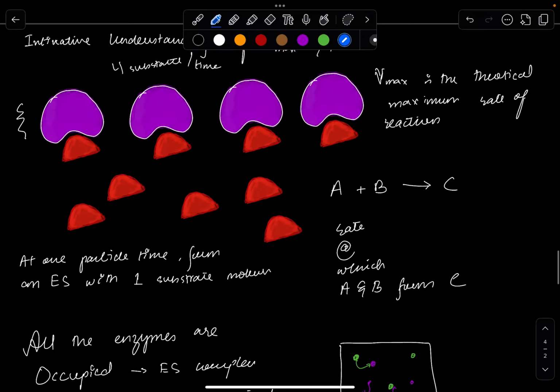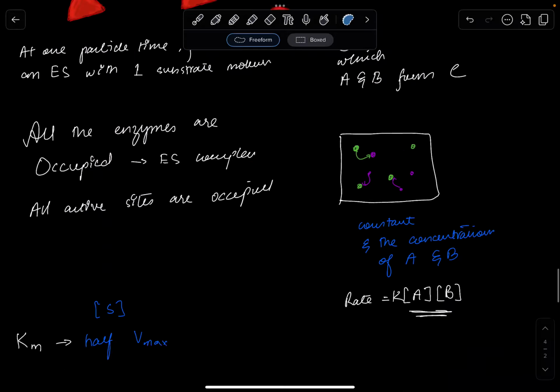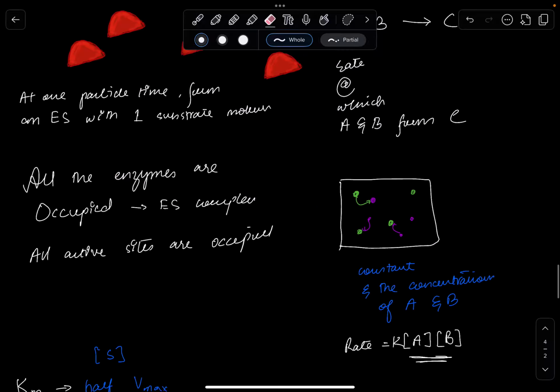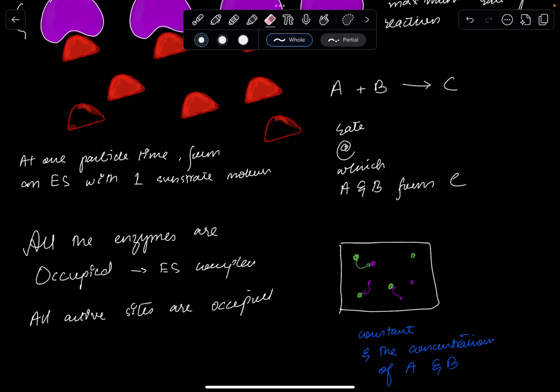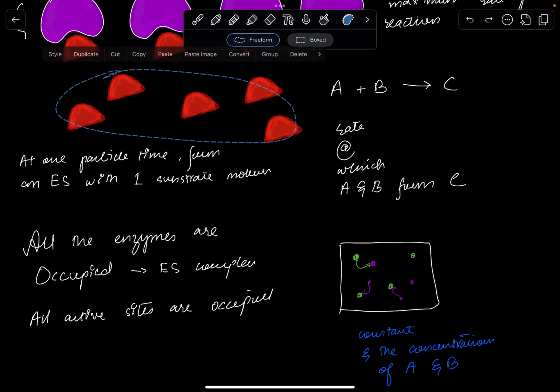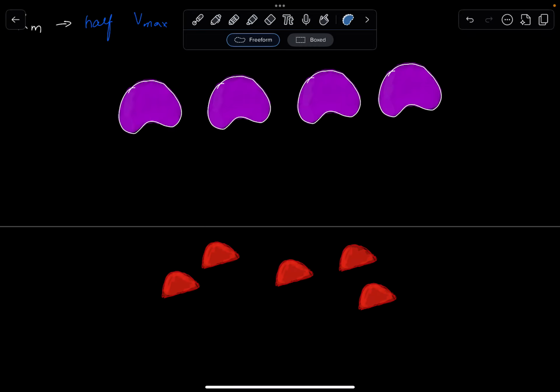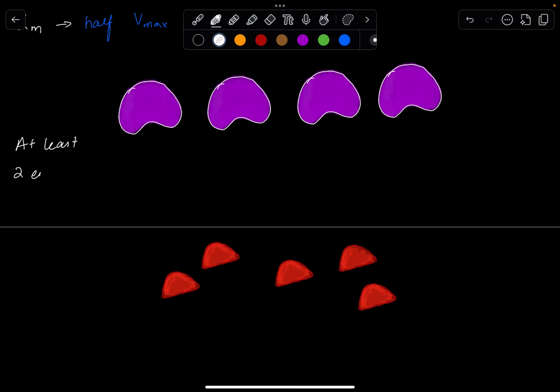What this effectively means is at what substrate concentration are at least, so if my total enzymes are 4, at what substrate concentration are at least 2 enzymes, or 2 active sites, if you're thinking in terms of active sites, occupied.